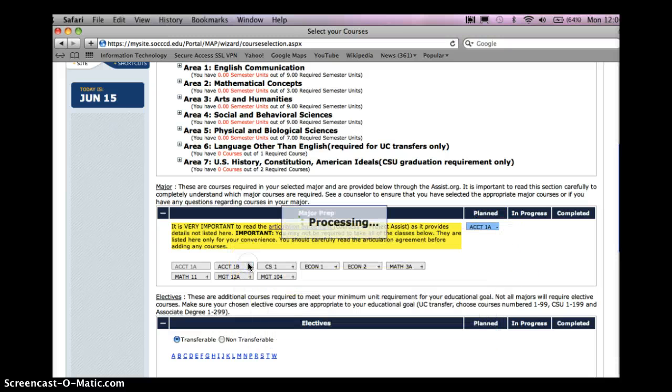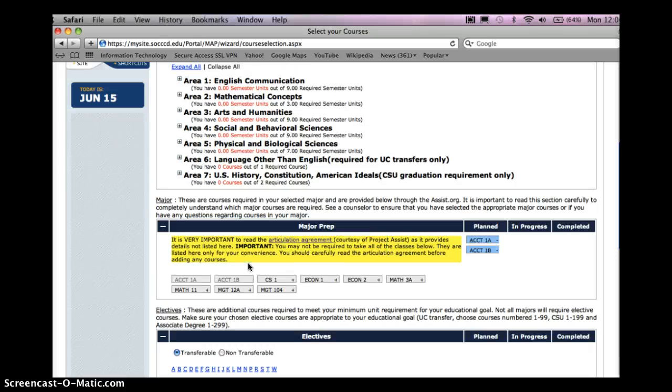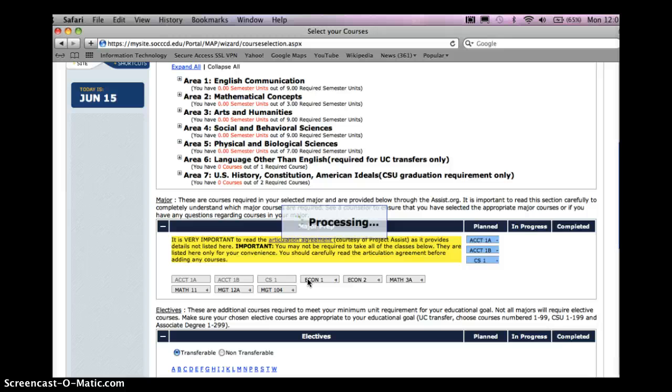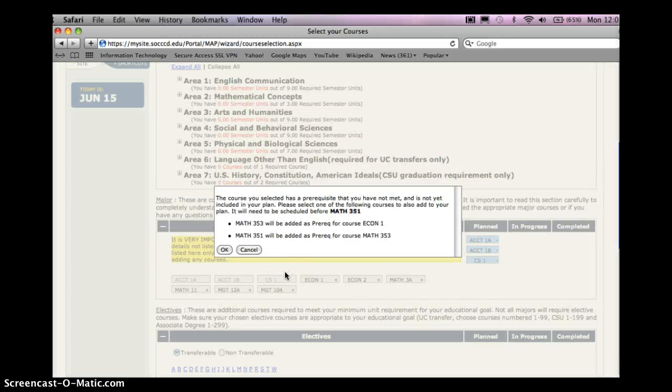We know Accounting 1B from Assist was also required. CS1 was also required. Economics 1. You'll note here for Economics 1, it states the prerequisites that I need to take in order to be able to take Economics 1.